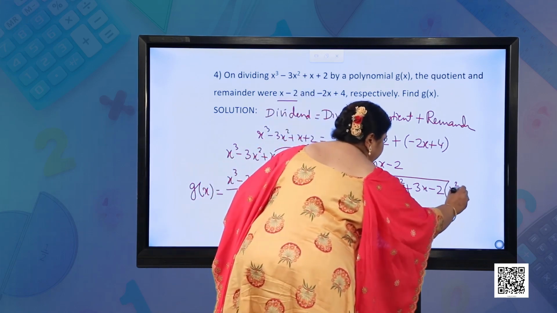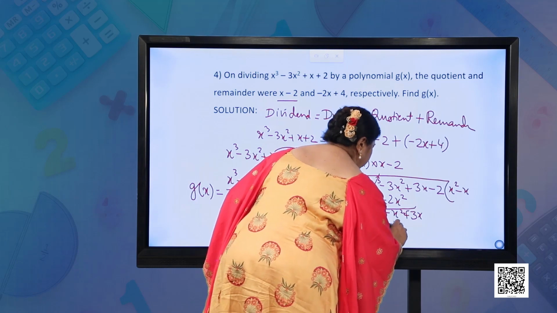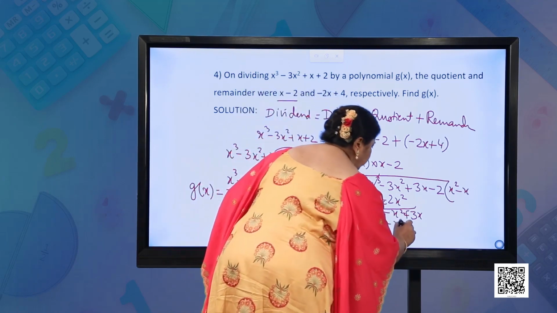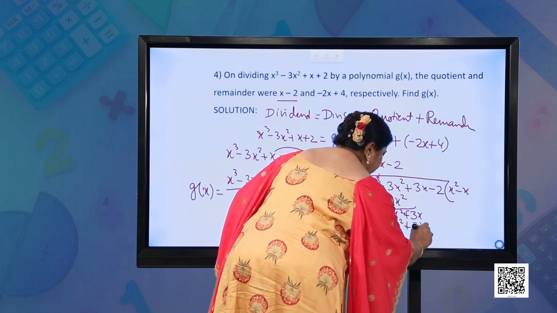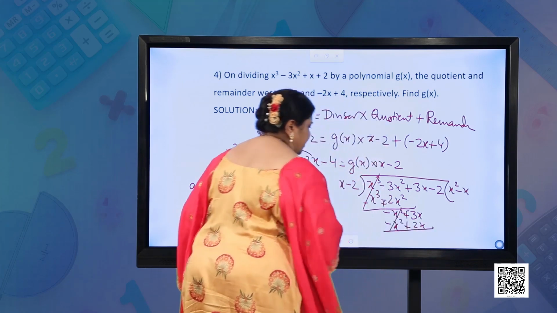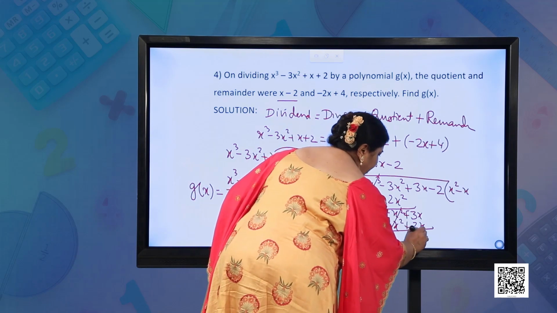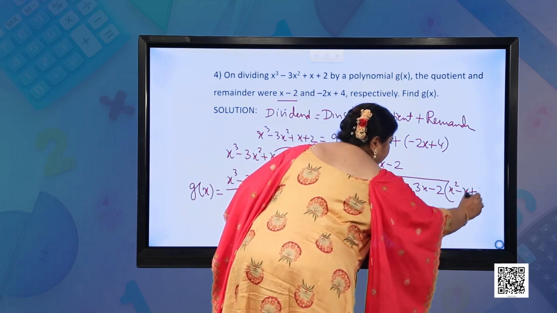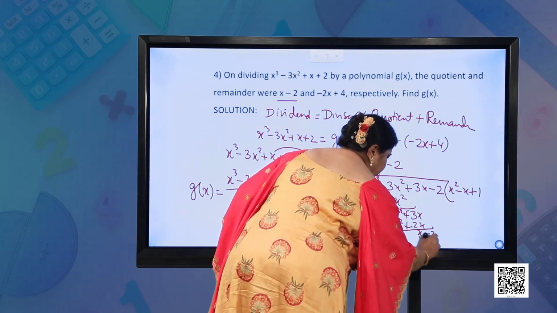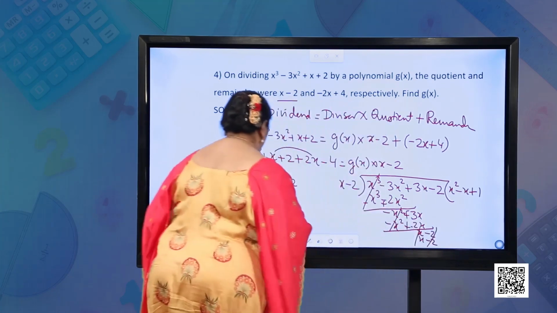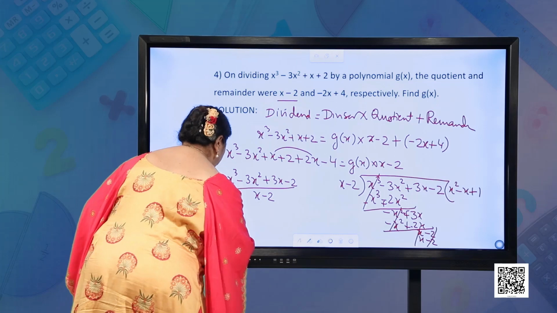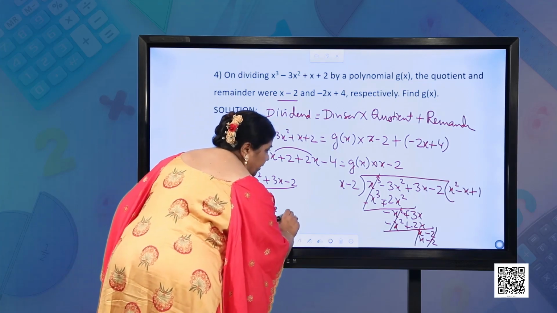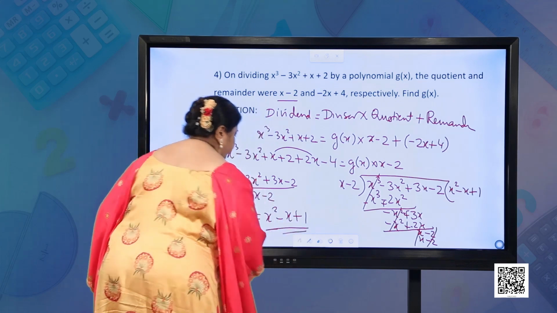So, with minus x, I get minus x square, minus x into minus 2 will give me plus 2x. This gets cancelled and I have here x minus 2. So, plus 1 will give me x minus 2 and thus what is g of x? Yes, you are right. g of x is x square minus x plus 1.